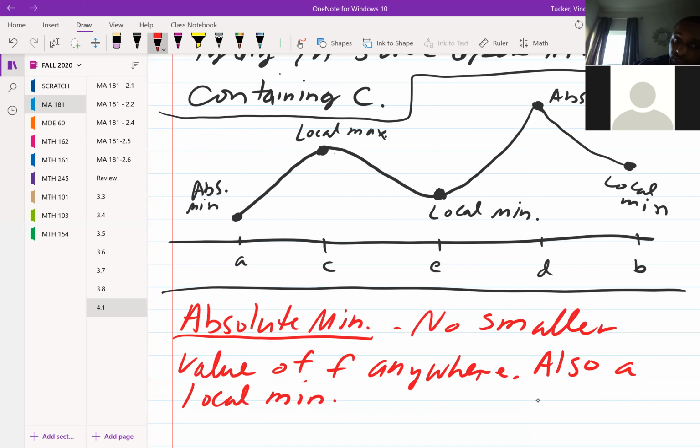All right, so characteristics of that absolute minimum at A: there's no smaller value of f anywhere, and it also could be a local minimum.